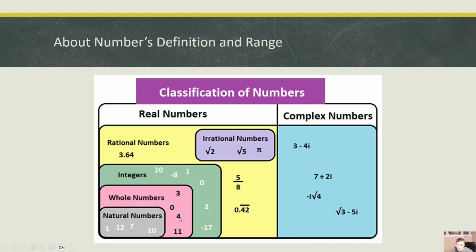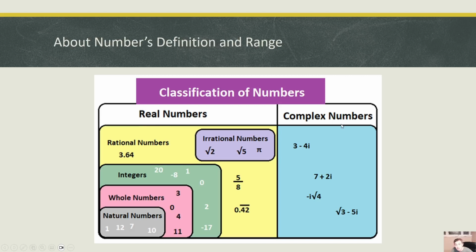So that is actually infinite: 0.424242 without an ending. But if you cannot find a cycle pattern, that is called an irrational number. And if you add up rational and irrational, we call that a real number.